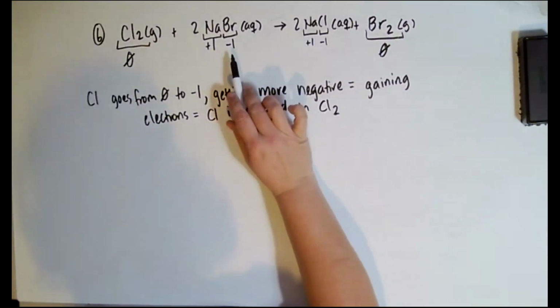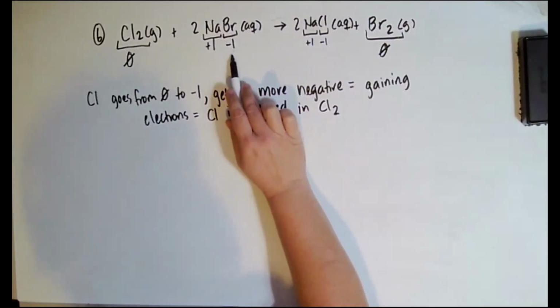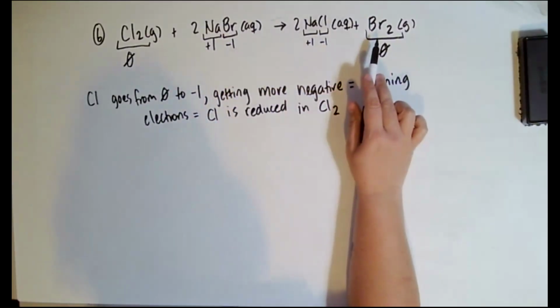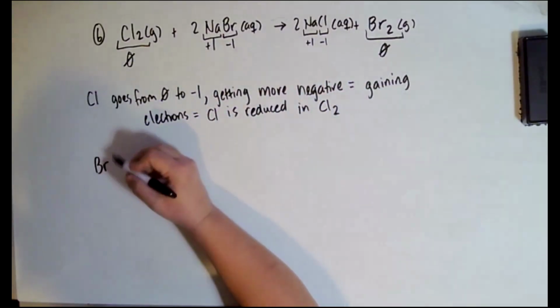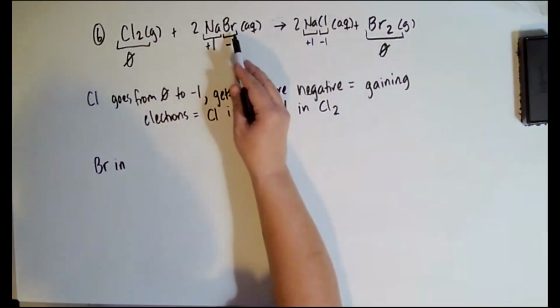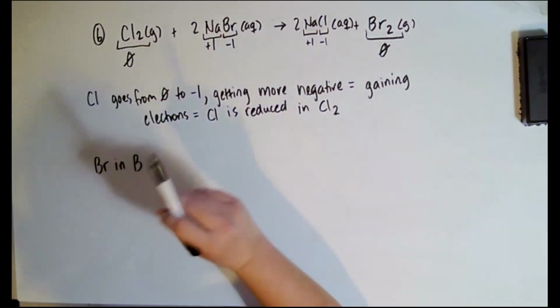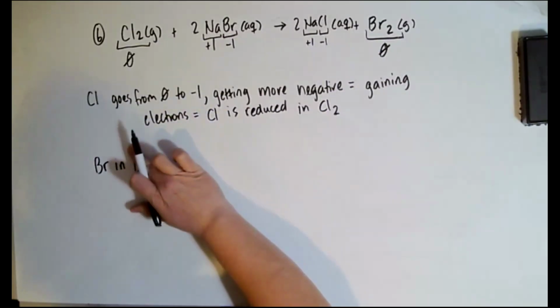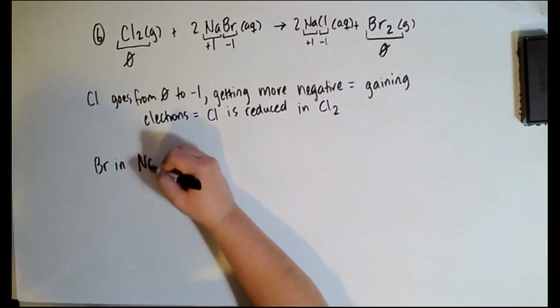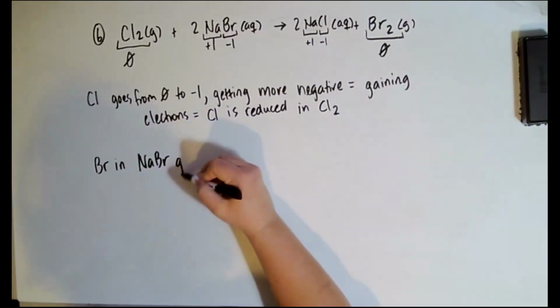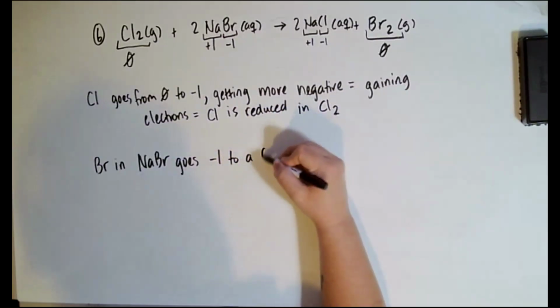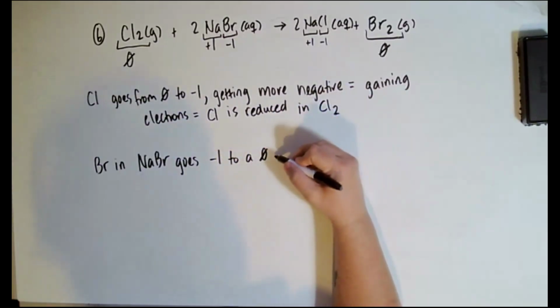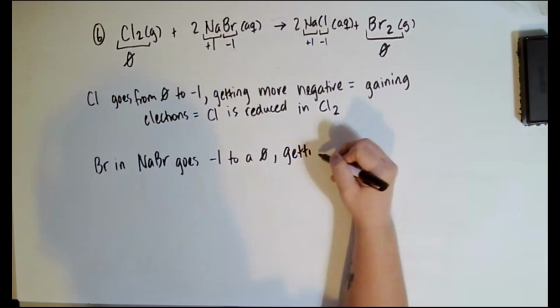If we track our other change, that's our bromine with its -1 charge to bromine that's neutral, right? It goes from -1 up to 0. So our bromine that's in the Br-1 state, part of your NaBr, is going to go from a -1 to a 0. So it's getting more positive.